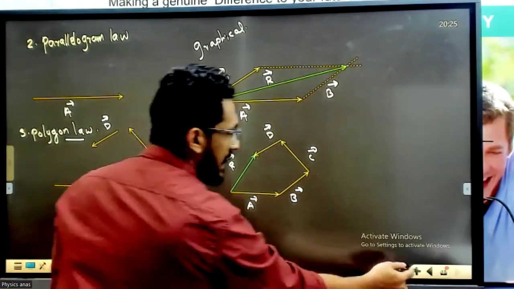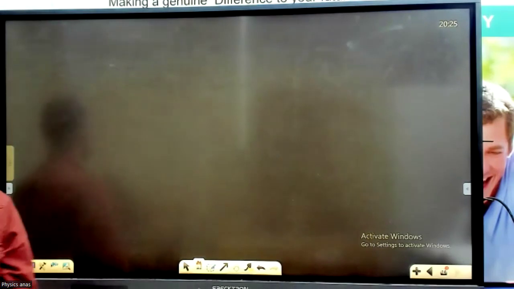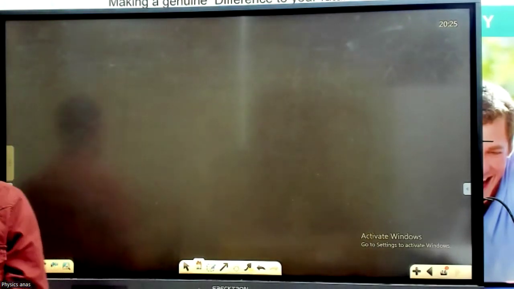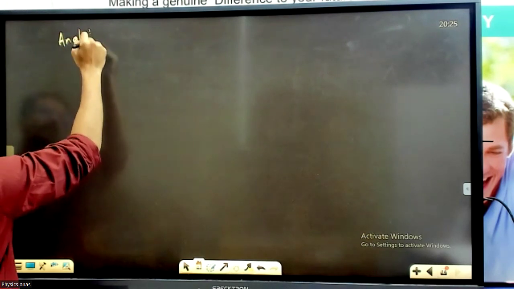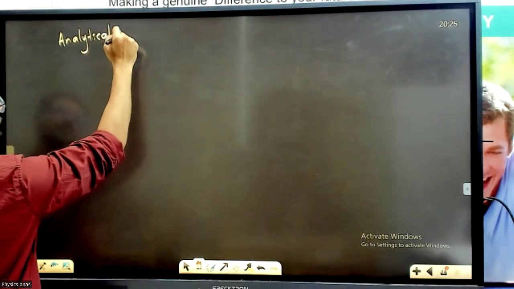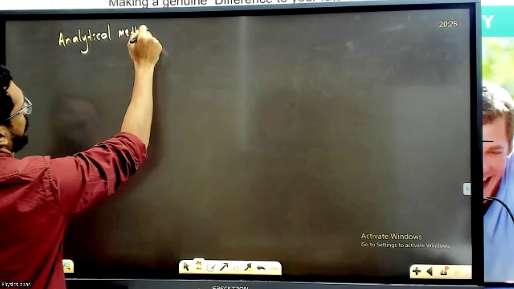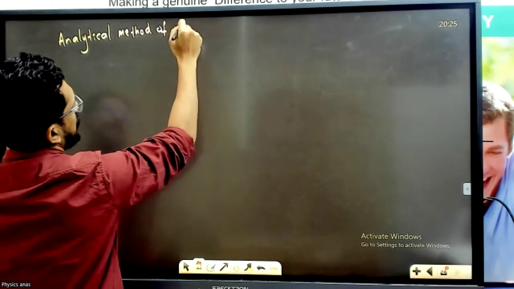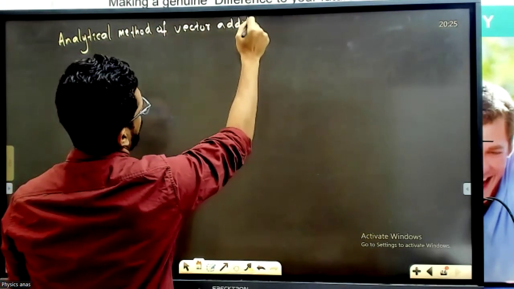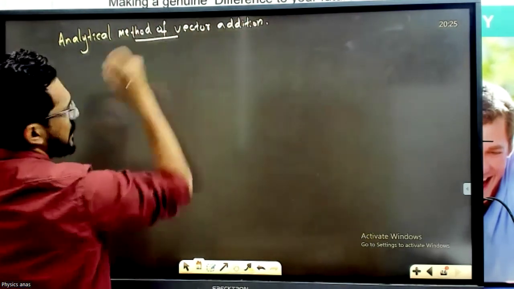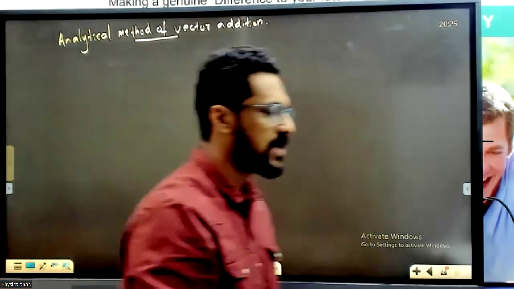So there is an analytical method of vector addition. Let's see what this analytical method of vector addition is.